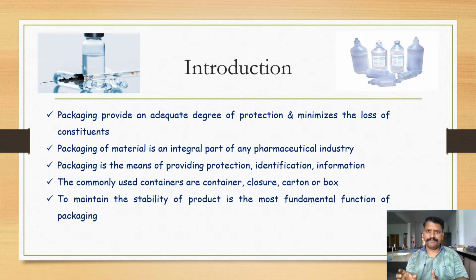Suppose you exceed the temperature above 35 degrees Celsius, so degradation will start. This type of information is given on a label, on a container. So to maintain the stability of the product is the most fundamental function of the packaging material.